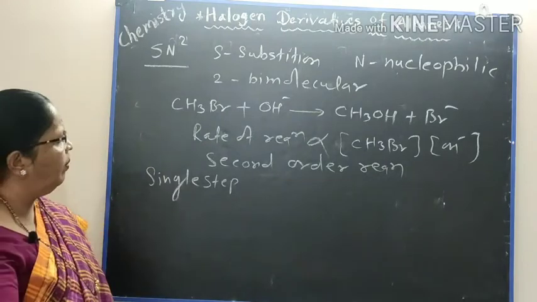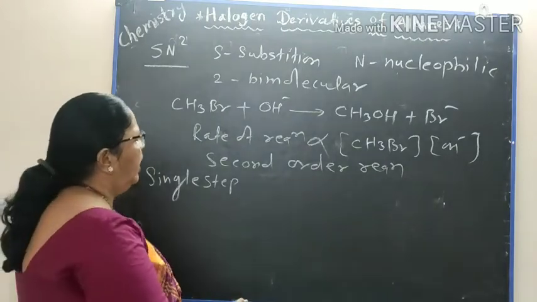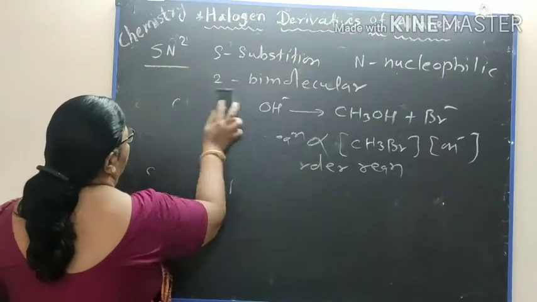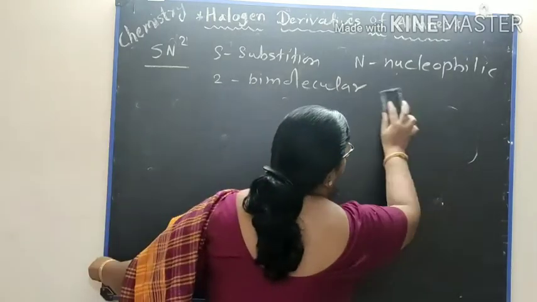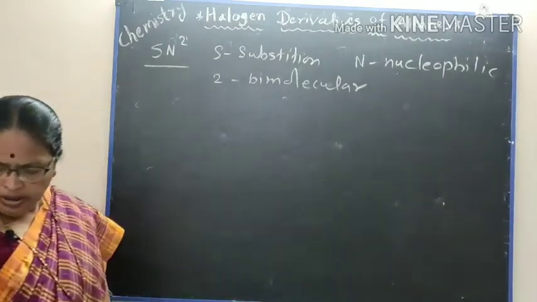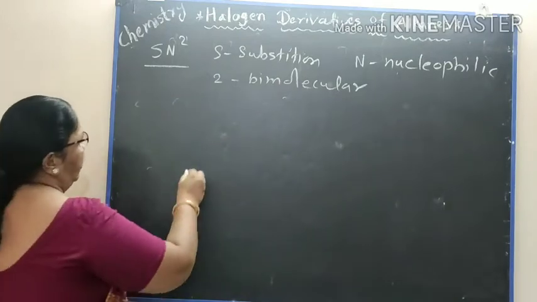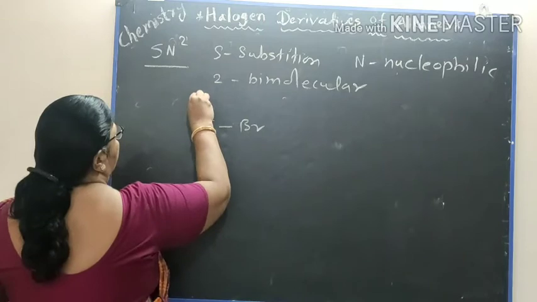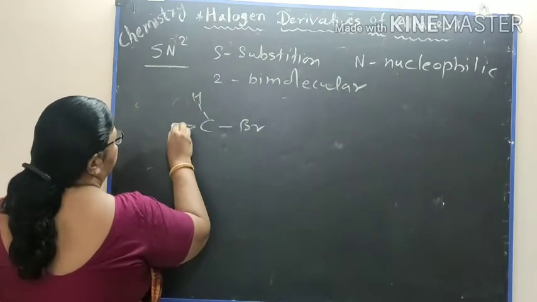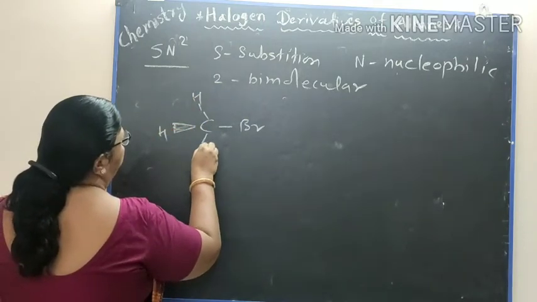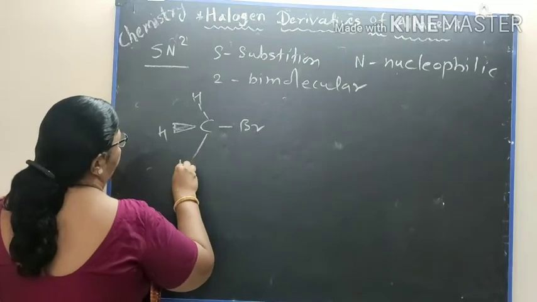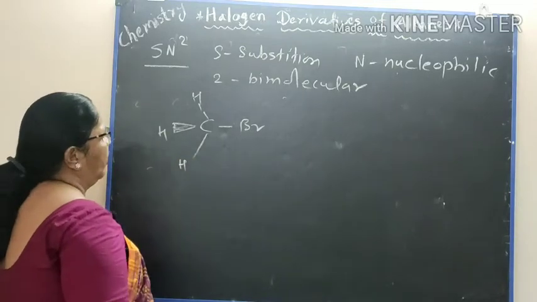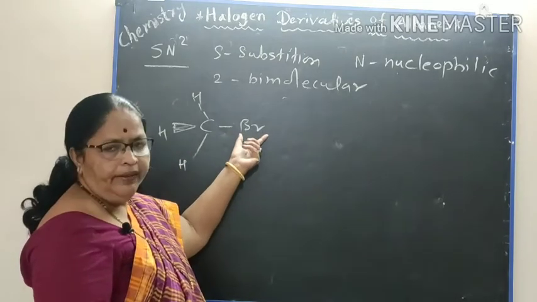Then what is the actual mechanism? Suppose you are considering methyl bromide, with H here, H and H here. Br is a leaving group.